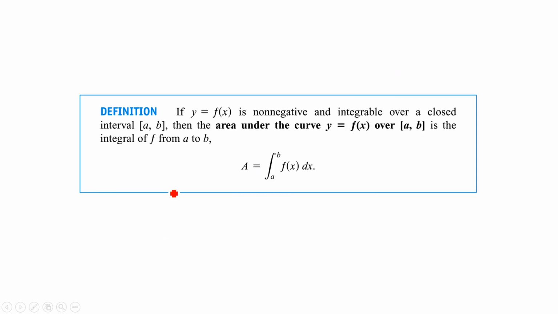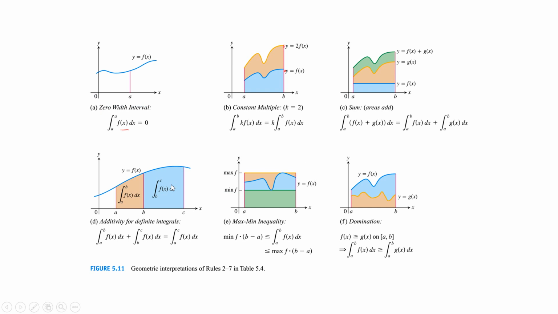So there are two rectangles, the upper one, this one, and what is the area of this rectangle? The area of this rectangle is this height multiplied by the width, and the height here is the maximum value of the function, that is max of f.